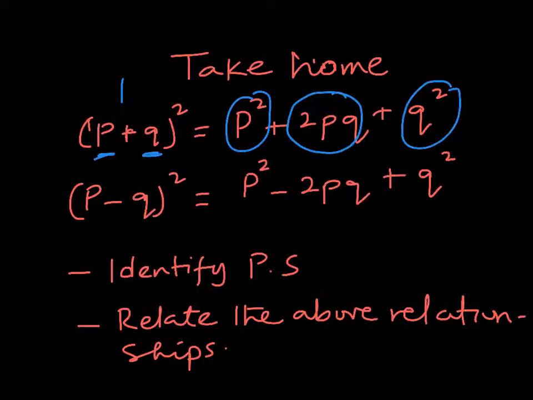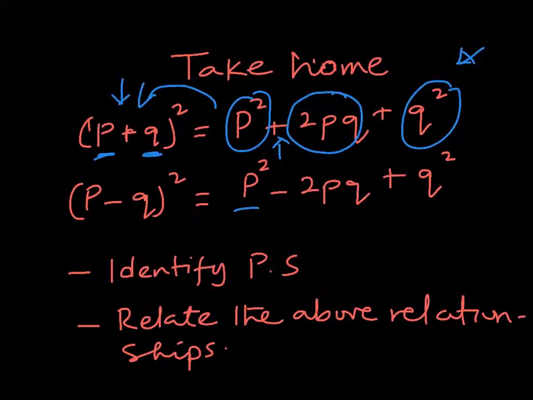Because there's a positive sign here, we have a positive sign in front of the middle term. So the reverse is also possible. When you are presented with an expression like p squared plus 2pq plus q squared, you know that it translates back to p plus q squared.